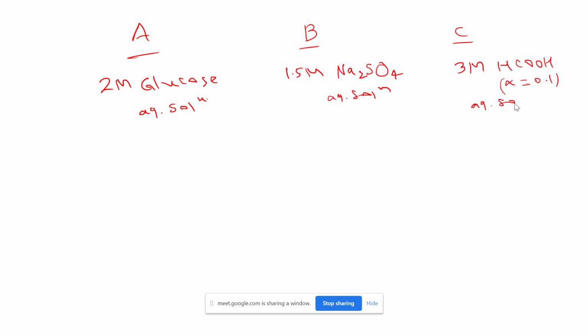With the alpha you can find i. And for all these solutions the temperature is given equal.